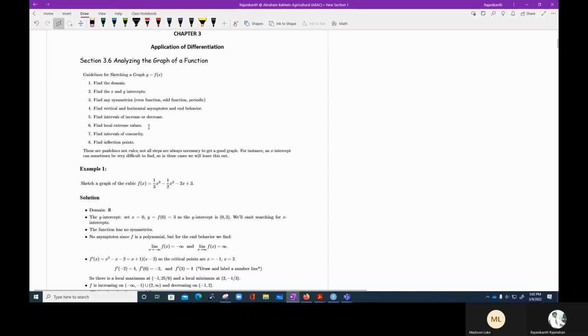Then try to identify the increasing and decreasing intervals and locate local extreme values. Local extreme values could be maximum or minimum. Then find the intervals of concavity by using second derivatives you learned in 3.5. Then finally look for any inflection points.